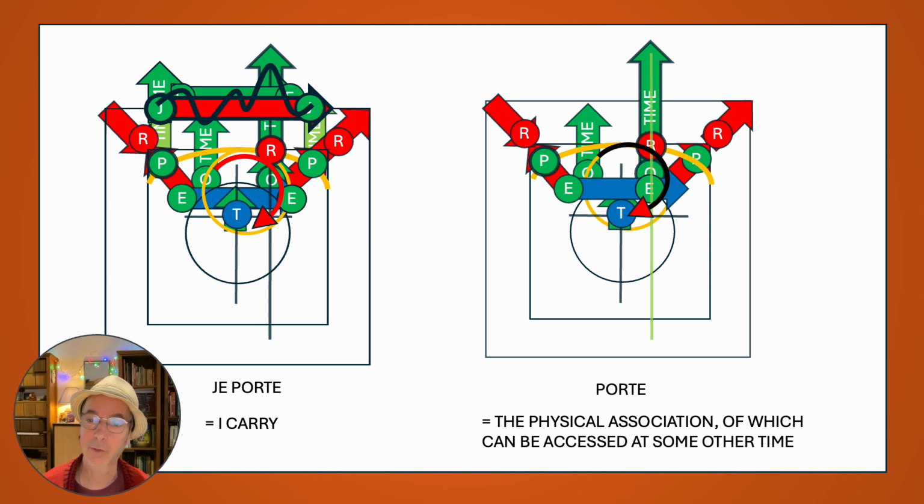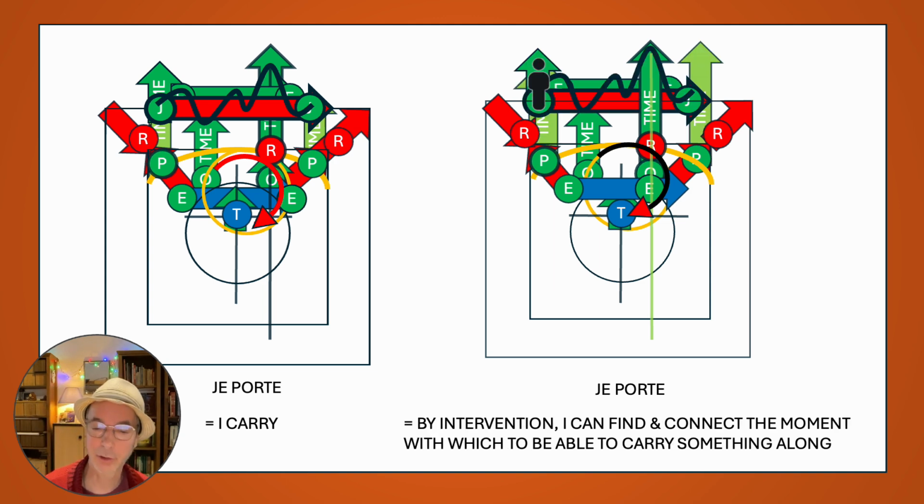That's why this is a physical object that also has a time frame behind it, that it can be opened at some point. But with je underneath, there is an intervention, and I can find and connect to that moment, with which, of course, I will be able to carry something along. That's why the associations are changed, and when your mind follows the underlying rules, it takes you to that position. That's how I see it.